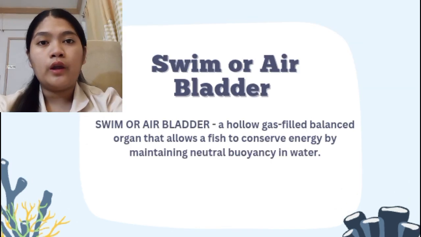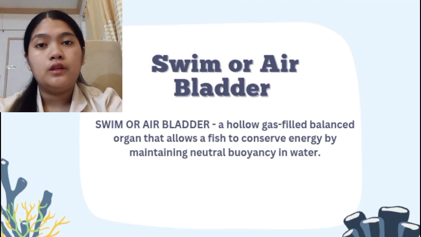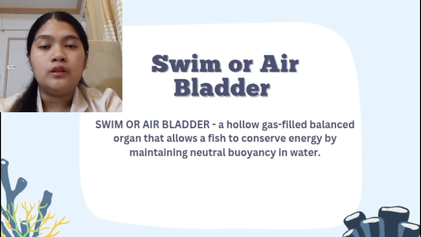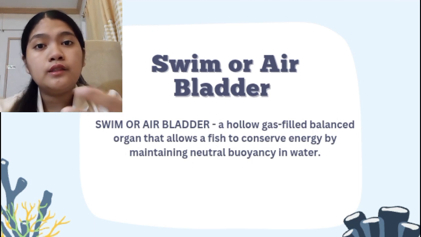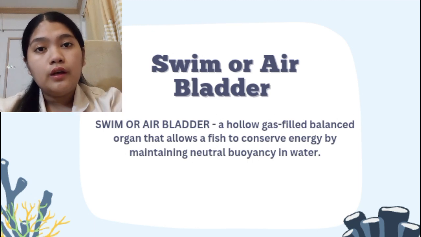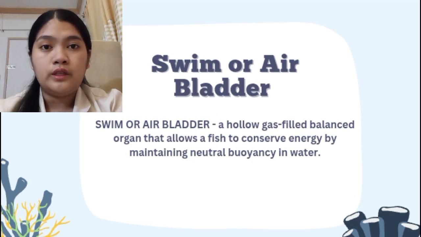Next is the swim or air bladder, a hollow organ which the fish uses to conserve energy. The swim bladder functions much like a human lung. The fish draws oxygen into the bladder that has been drawn from the water by way of the fish gills.